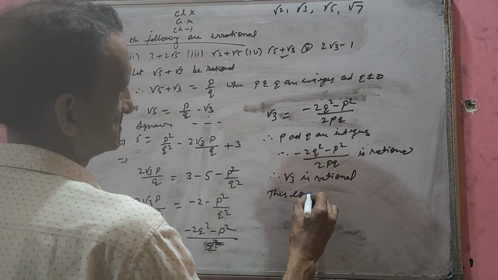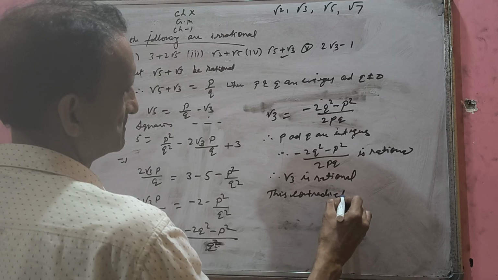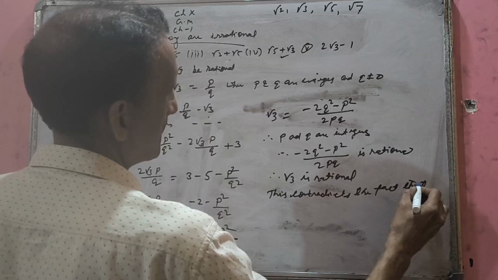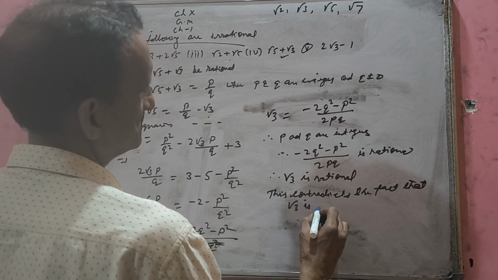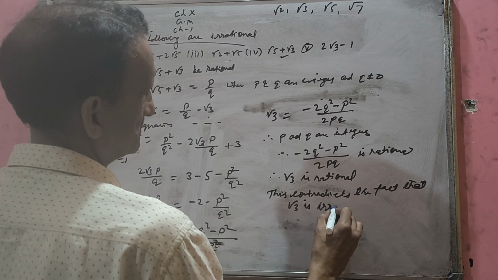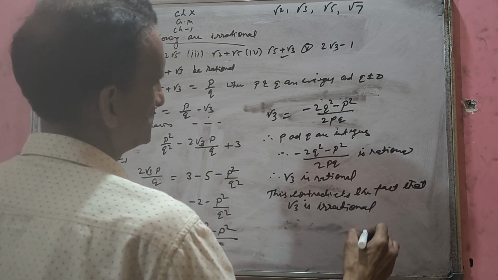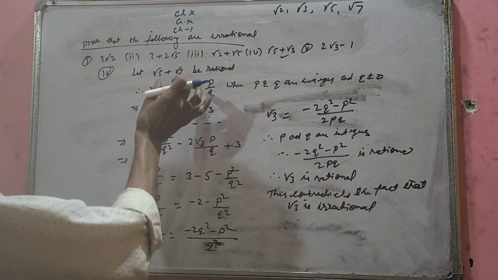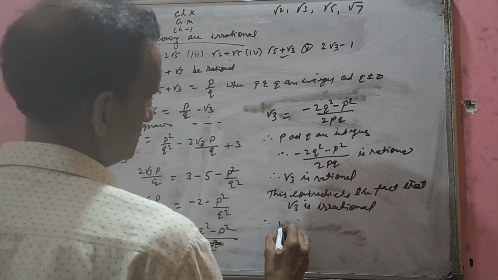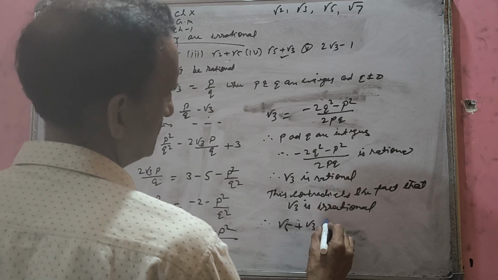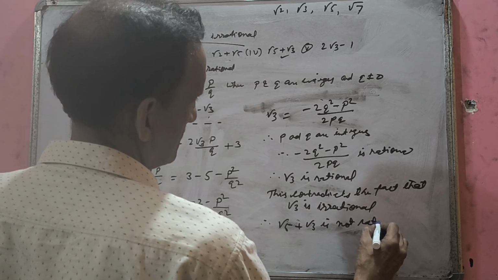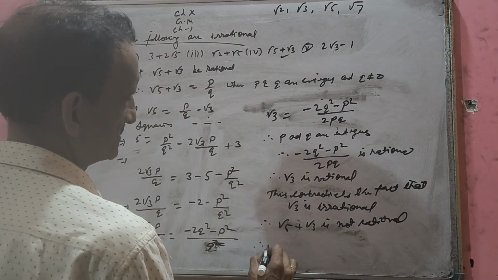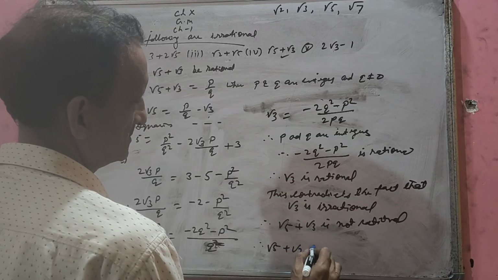This contradicts the fact that root 3 is irrational. You know that root 3 is irrational, but you are getting rational. This is because of your assumption. Assuming this rational is wrong. Therefore, root 5 plus root 3 is not rational. If not rational, then what? Irrational only. Therefore, root 5 plus root 3 is irrational.